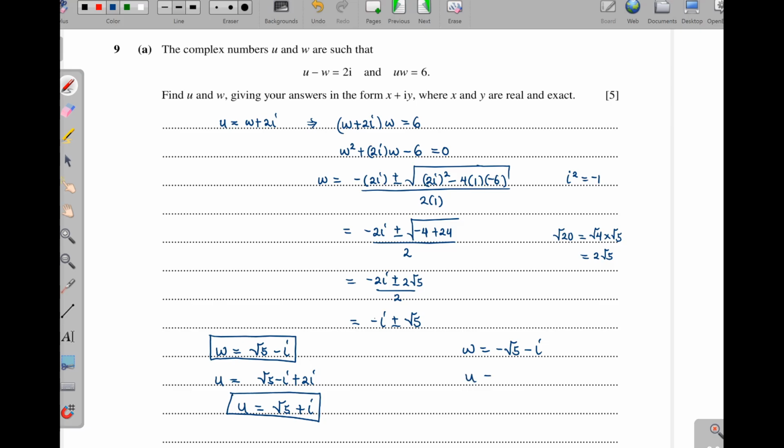Then when you come to this one here, we shall have negative root of 5 minus i, then plus 2i. So that means the answer here for u is going to be negative root of 5, then plus i. That is that.